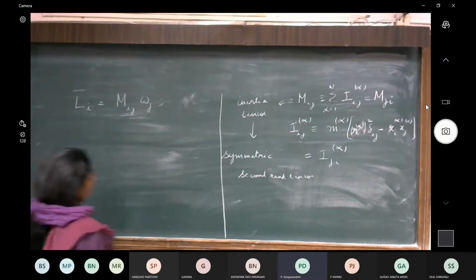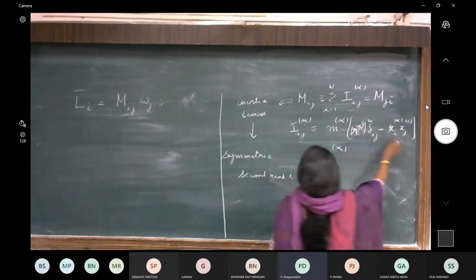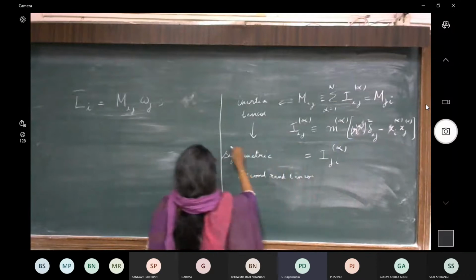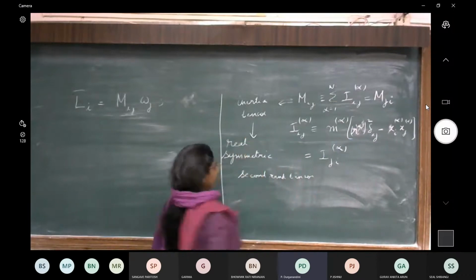And further, because these are real numbers, it's a real symmetric second rank tensor.